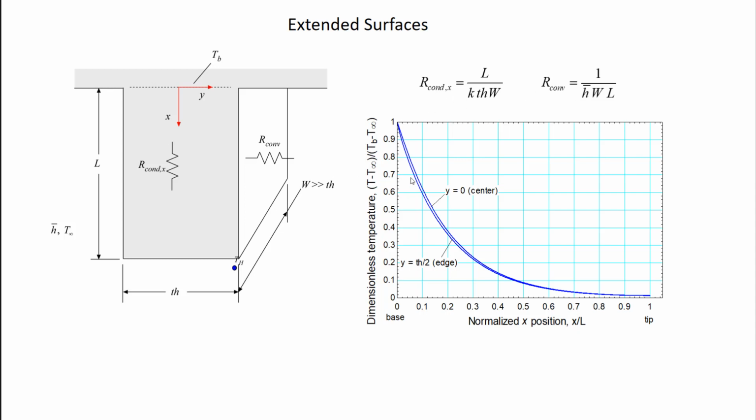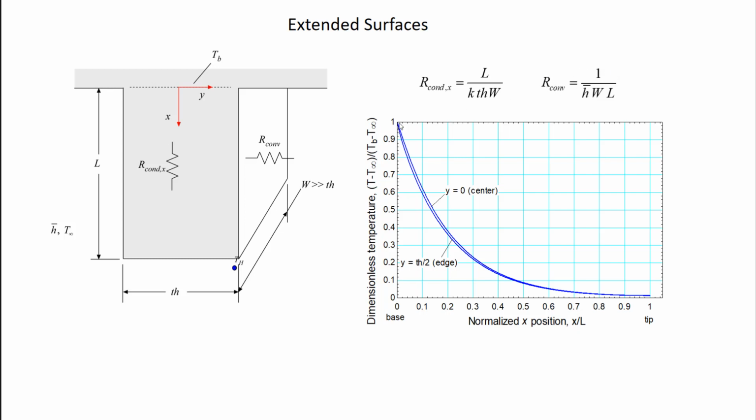In fact, let's think about what would happen in the limit where conduction in the x direction is really small. And again, nothing's really small by itself. It must be really small relative to convection. If that's the case, then I would expect not a lot of temperature drop due to conduction in the x direction. All of my temperature drop is due to convection. So what does that look like?